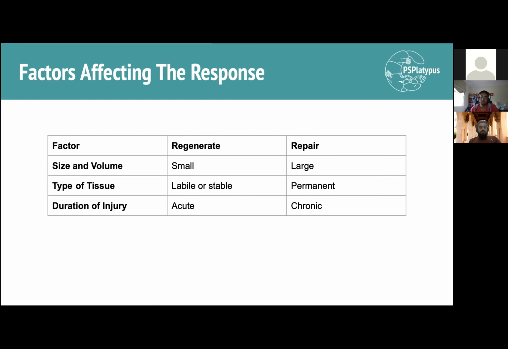It will be considered a reversible injury. However, if the size was large and the type of tissue was permanent and the injury was chronic, then cells will be repaired.